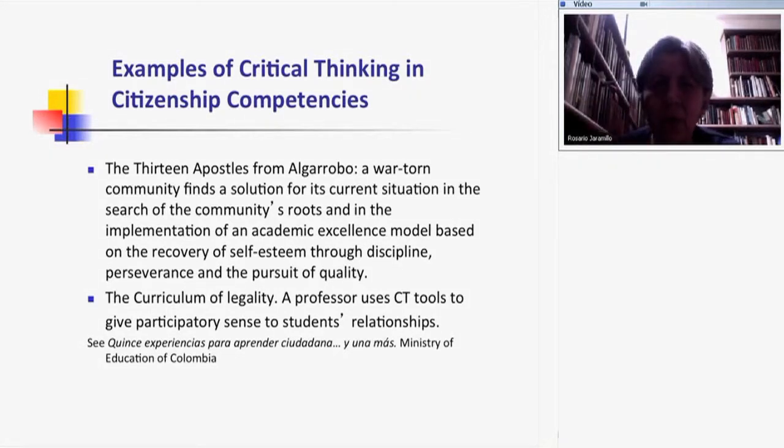And so being able to look at a curriculum of legality where they could understand the whole framework of a country that gets into such a terrible mess because there are a few people drug trafficking and then getting all the money into the whole social system so that they can become accepted.